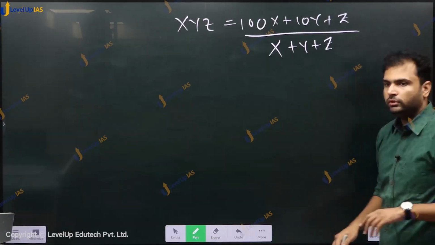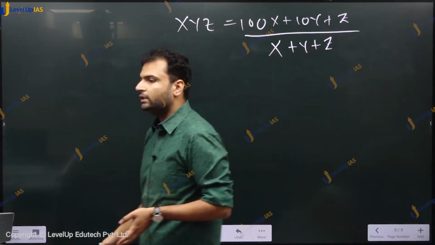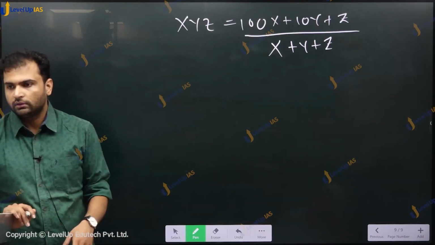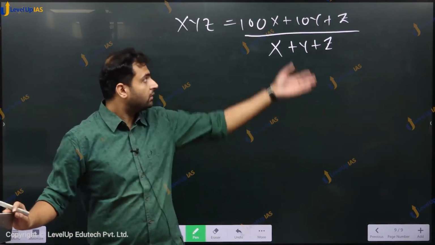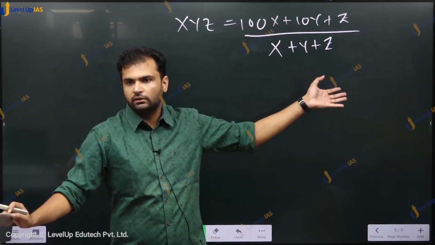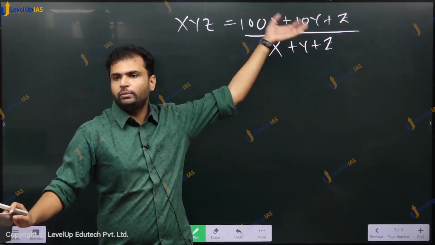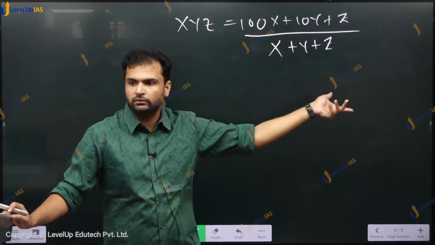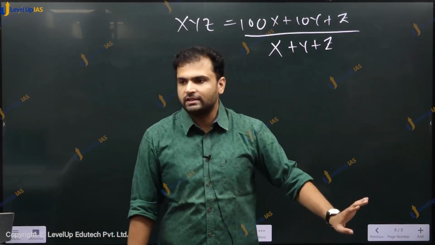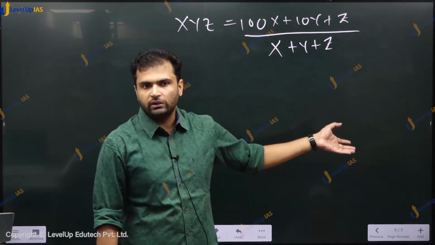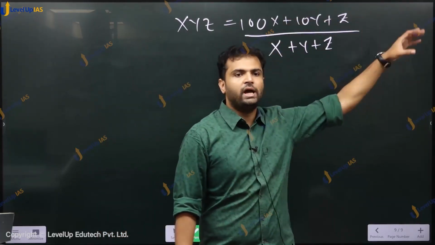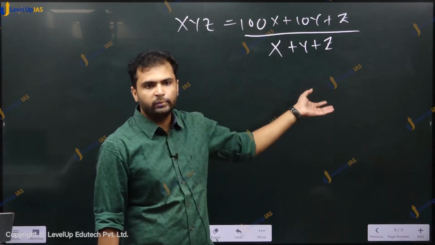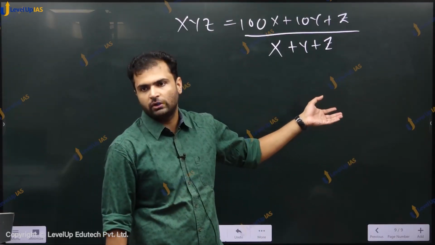And we want this ratio to be as small as possible, least. So can you infer anything about what these digits should be? For the ratio to be least, you want the numerator to be as small as possible or the denominator to be as large as possible. We have not studied fractions yet, but this is how fractions work. The numerator has to be as small as possible and the denominator as large as possible for the fraction to be small.